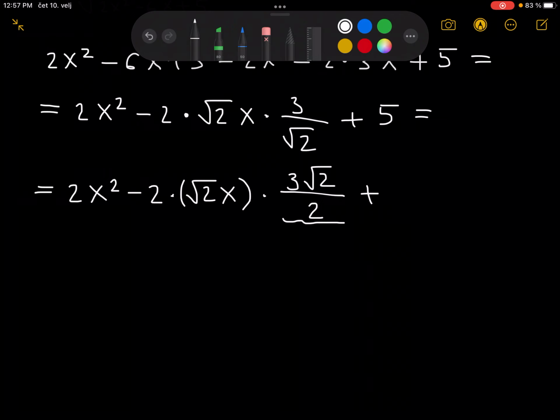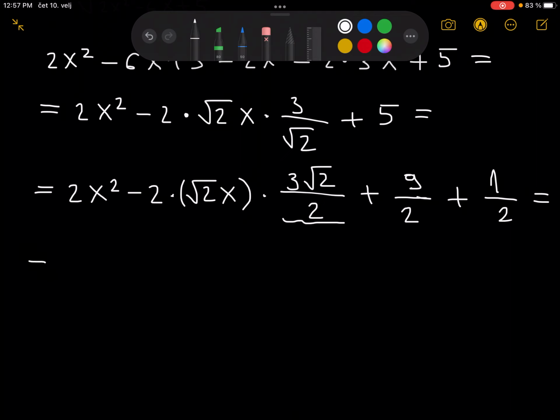That's just going to be equal to 9 over 2, and since we have a plus 5 right here, we also have to add 1 over 2.